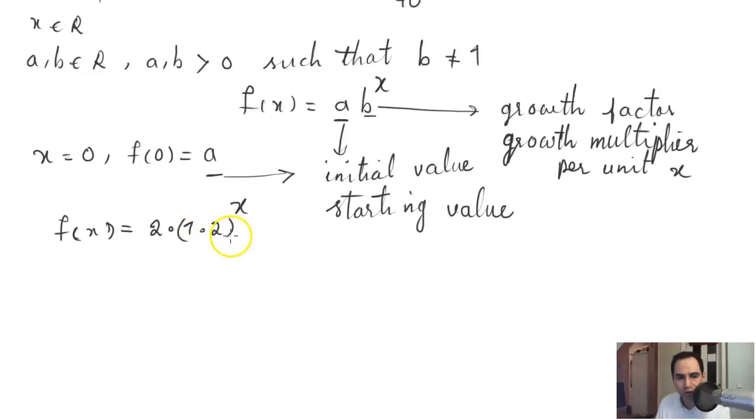So here you have x and here you have your f of x. When your x is equal to 0, f of 0 is 2 times 1.2 raised to the power 0, which is 1. And then your f of x is basically equal to 2, which is your initial value.